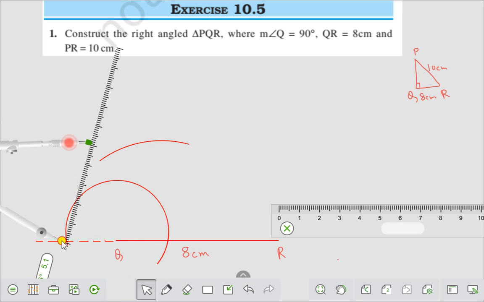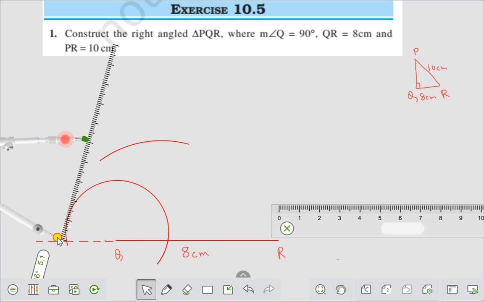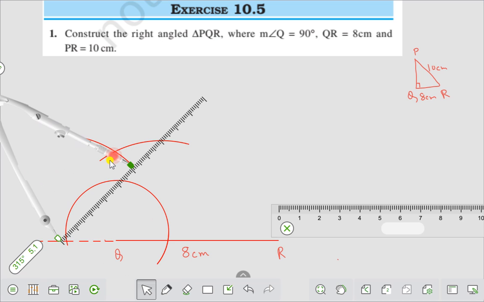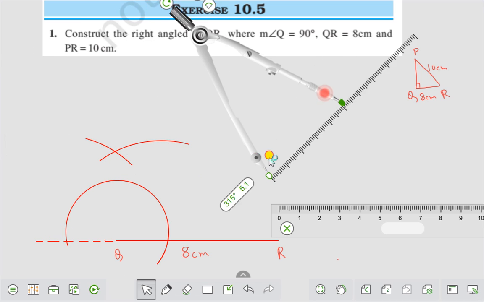And taking this again at this point, draw another arc, that will give you 90 degrees at point Q, right?